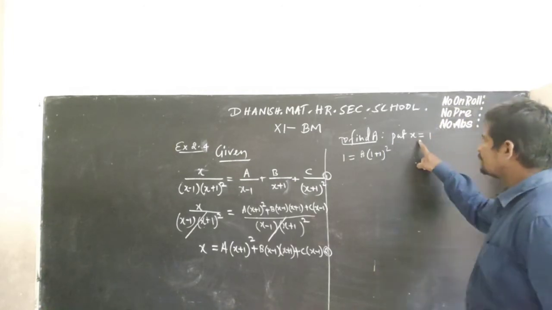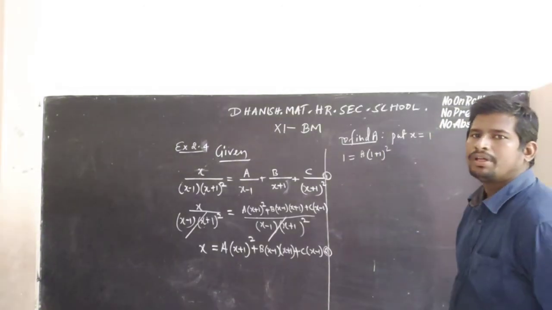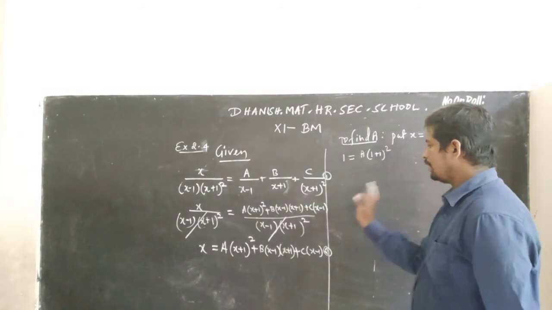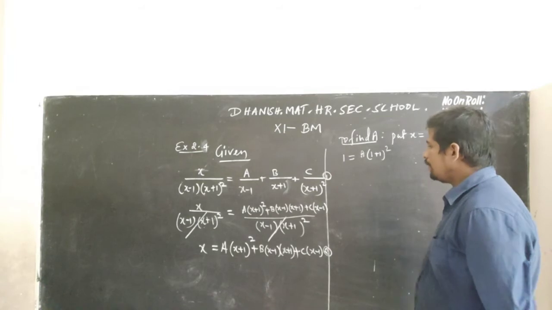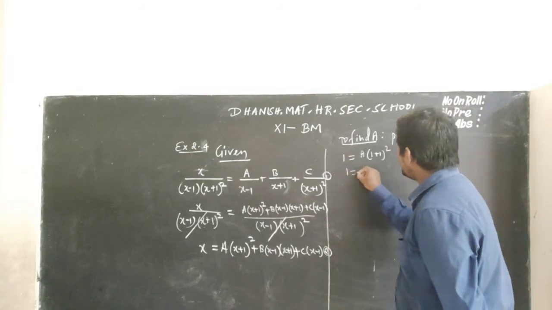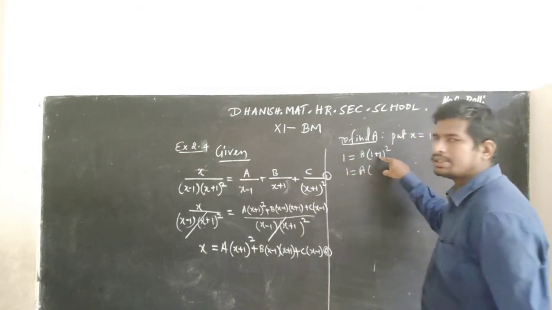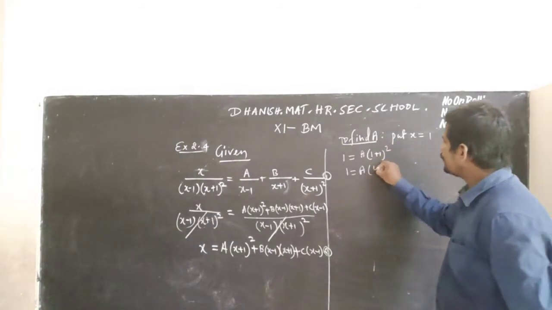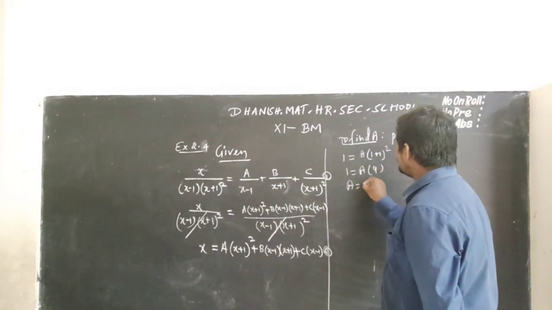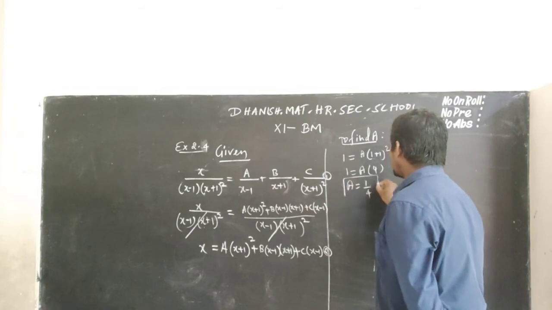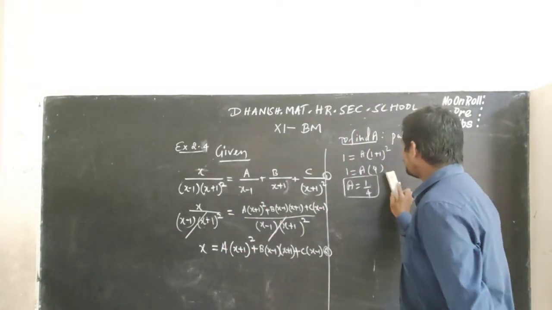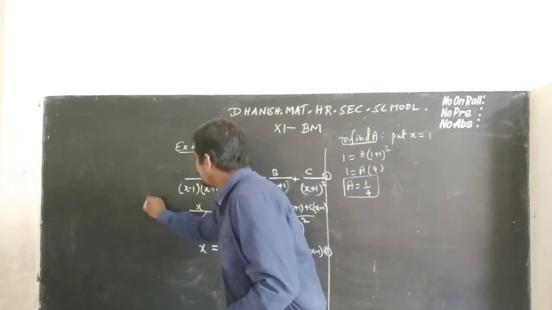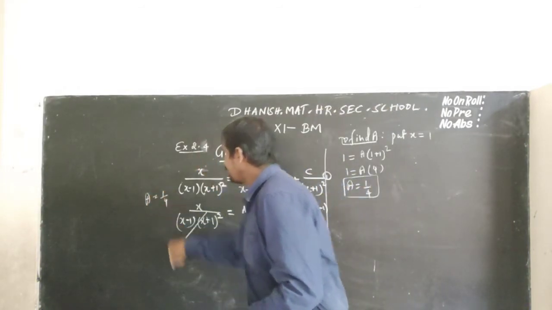If you put x as 1, the B and C terms will become 0, so we will omit them. So 1 equal to A into 2 square. 2 square is 4. So A equal to 1 by 4. We got our first value, A equal to 1 by 4.